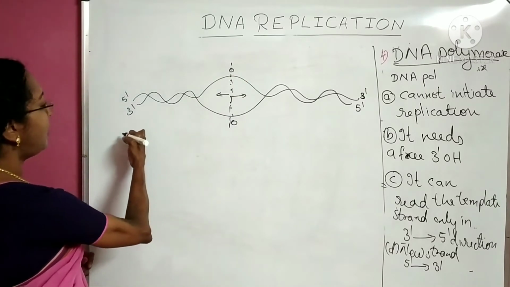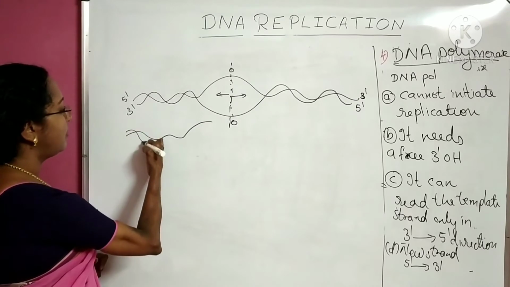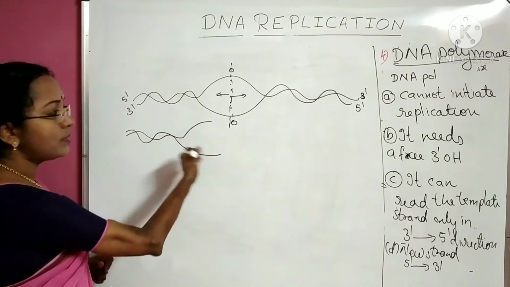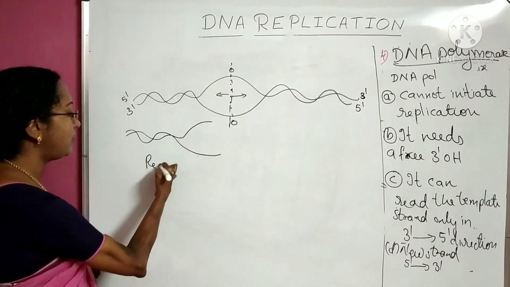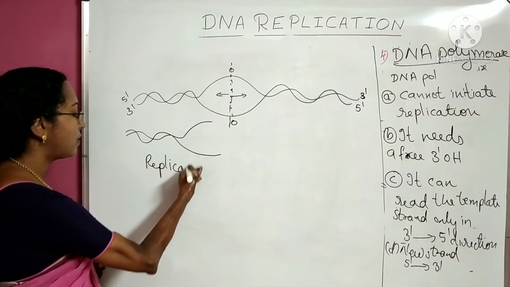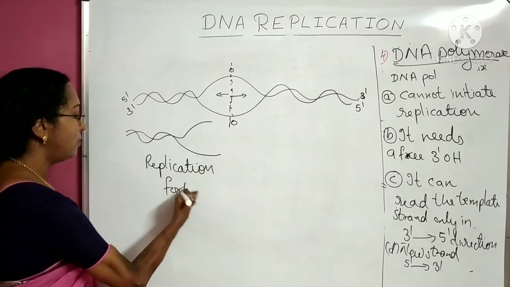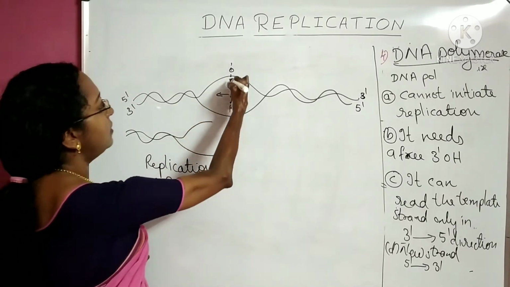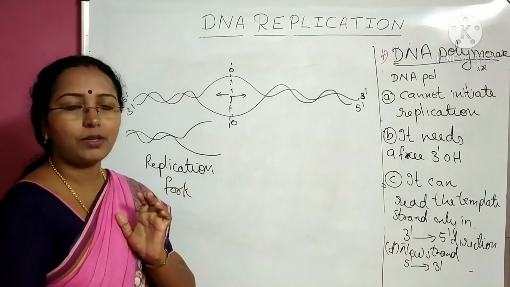When I cut this bubble into 2, I'm getting a structure like this. This looks like a fork. This is called a replication fork. So the replication bubble I have shown here as a replication fork, and the other part is another replication fork.